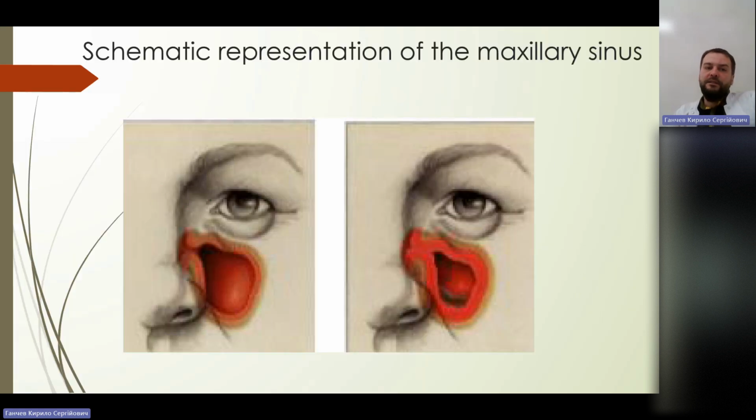Here you see a schematic representation of the maxillary sinus. In the left picture, you see the normal state of the mucosa of the maxillary antrum. See, there is a way here, and with that way our nasal cavity and maxillary sinus are connected.